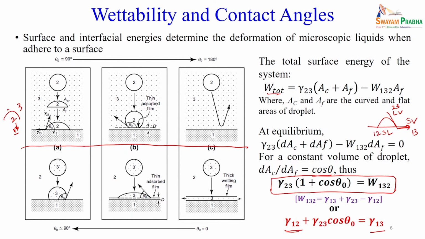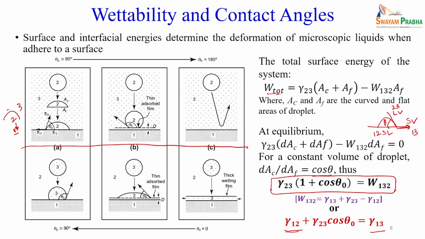So, this is coming out to be the same: gamma solid vapor is equal to gamma solid liquid, this angle is theta, plus gamma liquid vapor cos theta. So, again from here you can see this is how Young's equation is derived.